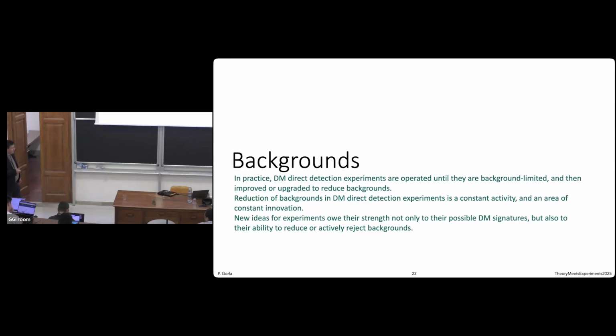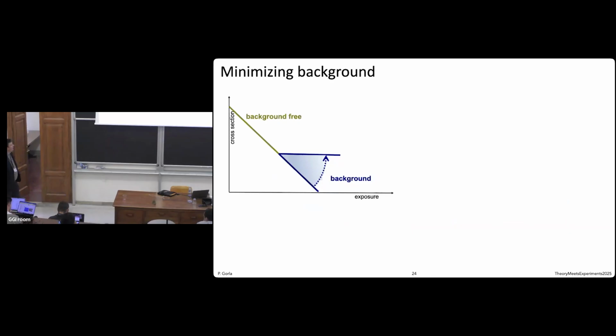So reducing background is basically full-time work that keeps going every time. For liquefied noble gas, you don't just build a bigger pot, but you also need to accordingly decrease the background. Otherwise, you get to the same sensitivity. And of course, this is why we keep searching for new ideas to push the sensitivity ahead.